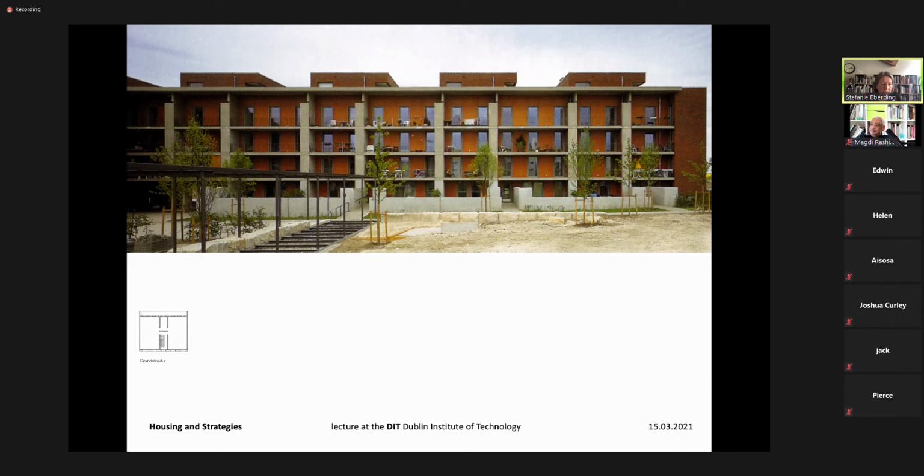It has the basic structure with the staircase and the two apartments on the sides, and it has a gray flexibility space, which can be adapted to one apartment or the other.